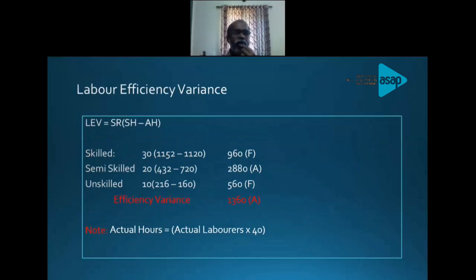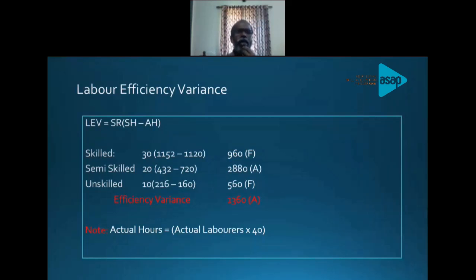So 1152 minus 1120. What is this 1120? It is also familiar to you. Actual number of skilled workers into 40. Second, 720 is the actual number of semi-skilled workers given in the question into 40. In case of unskilled workers also, actual number of unskilled workers 4 into 40, that is 160.